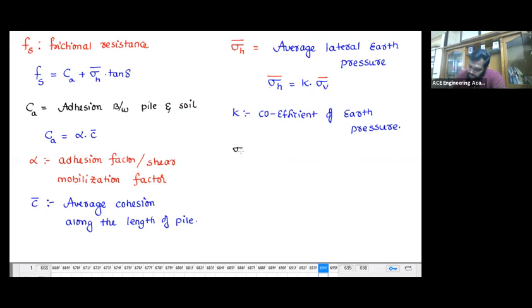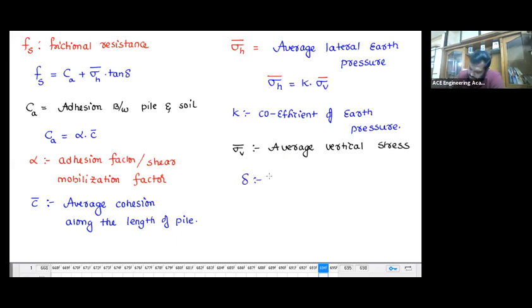Sigma V bar is the average vertical stress. So sigma h bar is equal to K into sigma V bar. And what is this delta, sir?